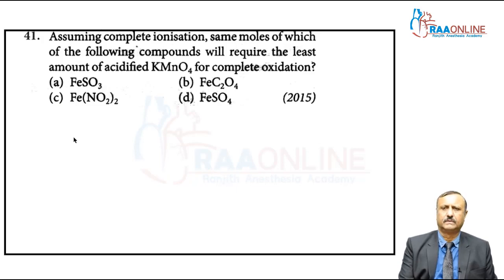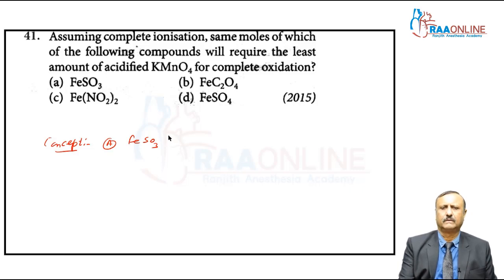Assuming complete ionization, same moles of which of the following compounds will require the least amount of acidified KMnO4 for complete oxidation? Here you can see the concept of this question. Take part A, FeSO3.